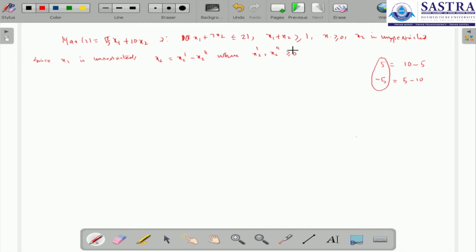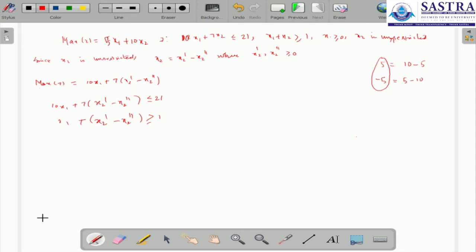Now, the entire simplex problem becomes: maximum of Z is 5x1 plus 10 into x2' minus x2'', subject to the inequalities 12x1 plus 7 into x2' minus x2'' less than or equal to 21, together with x1 plus x2' minus x2'' greater than or equal to 1.